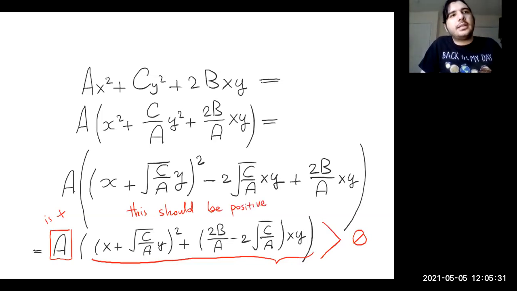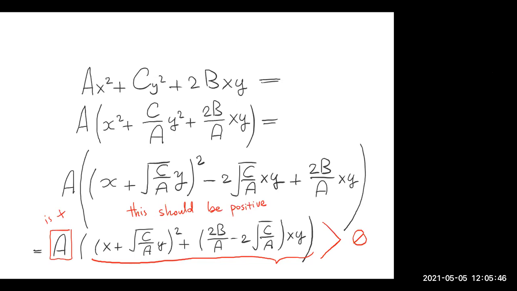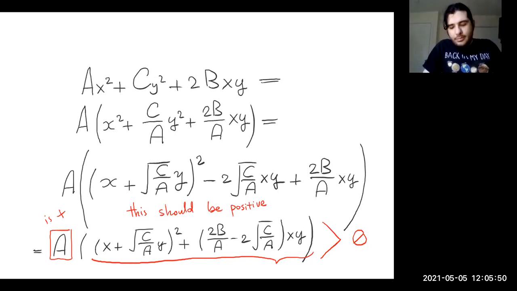Okay, what does it tell me? Can I use it? I don't think so, because you don't know the sign of x and y. That is correct. Sign of x and y can be anything.